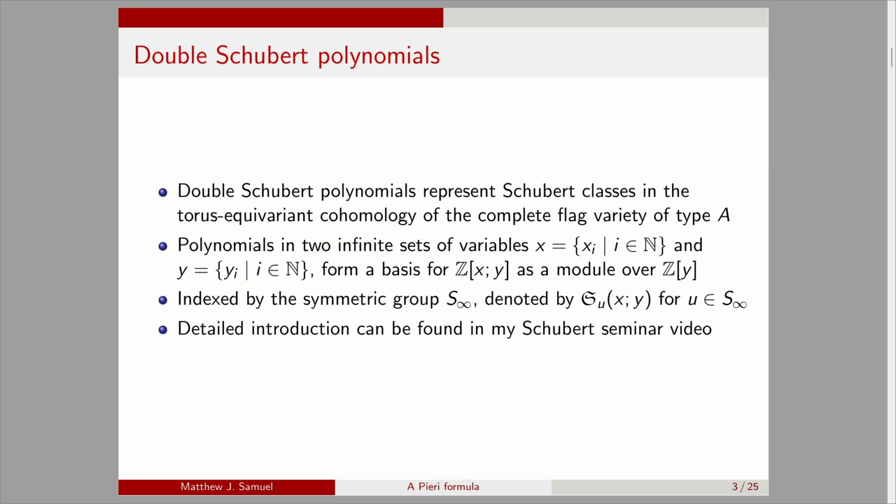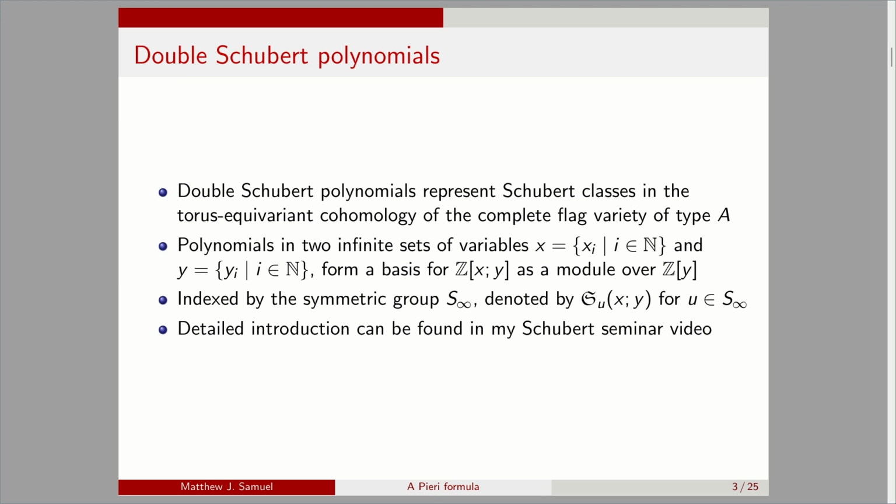So double Schubert polynomials represent Schubert classes in the torus equivariant cohomology of the complete flag variety of type A. They are polynomials in two infinite sets of variables, x and y, which we abbreviate as x and y, but they are indexed variables, x_i, i in n, and y_i, i in n.